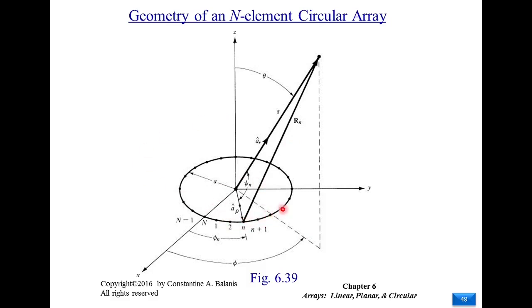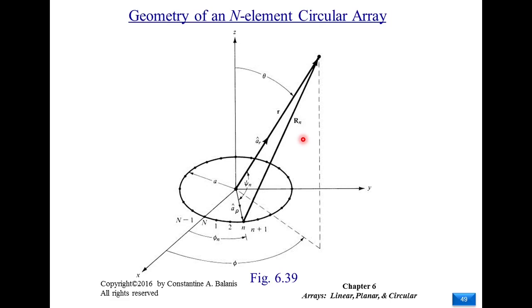So we have the antenna elements arranged in a circle, let us say in the XY plane, and this arrangement gives us the ability to scan along theta as well as phi. So look here for the geometry, because again we will exercise deriving the expression for the array factor and analyzing the circular array.